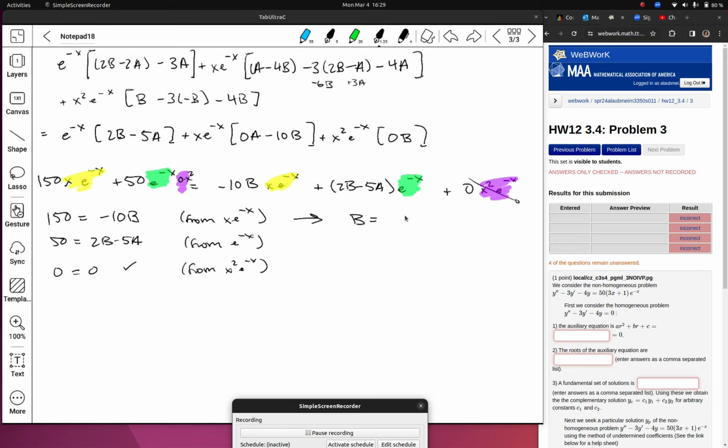So the top equation is going to give me b equals 150 over minus 10, which is negative 15.